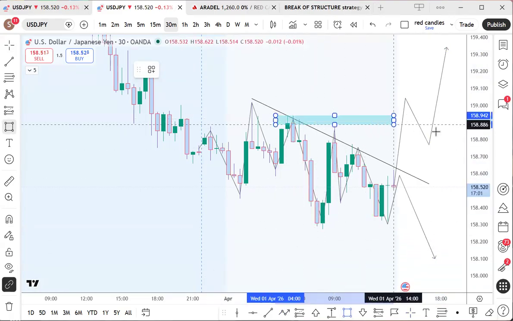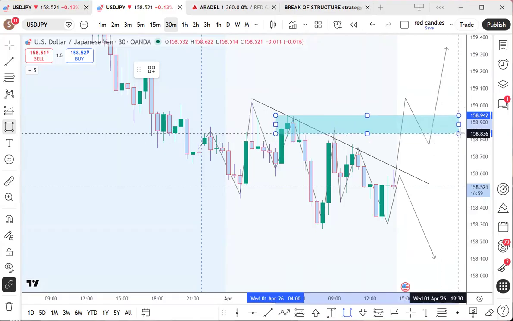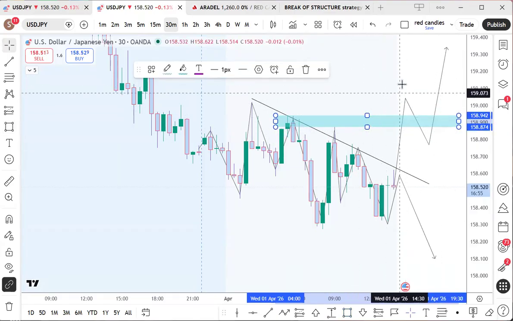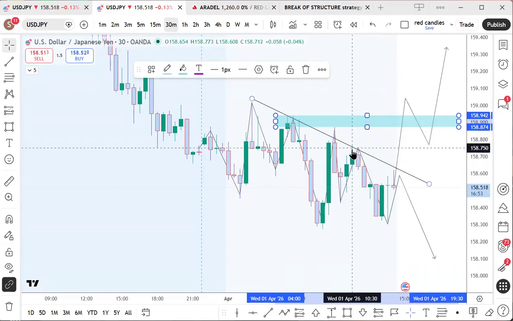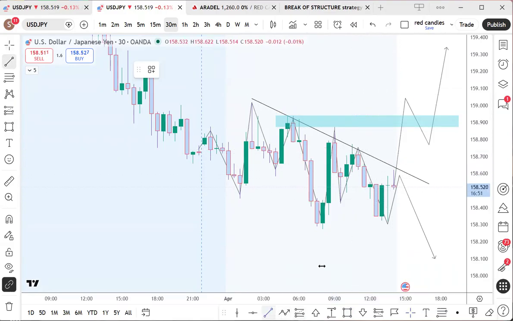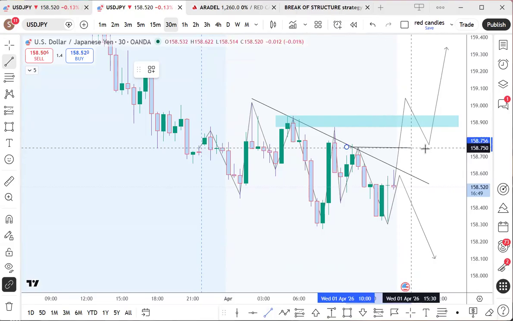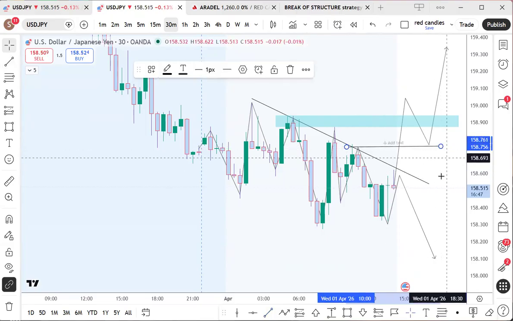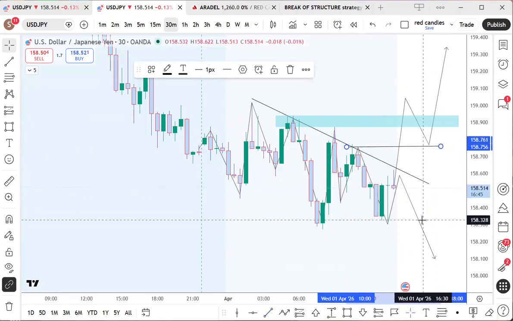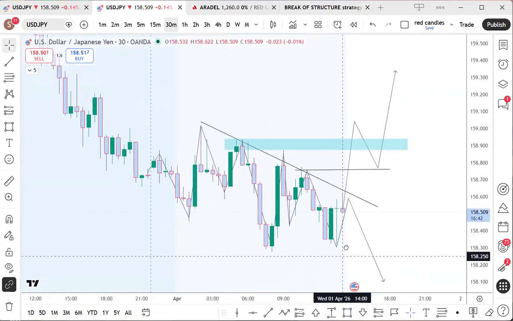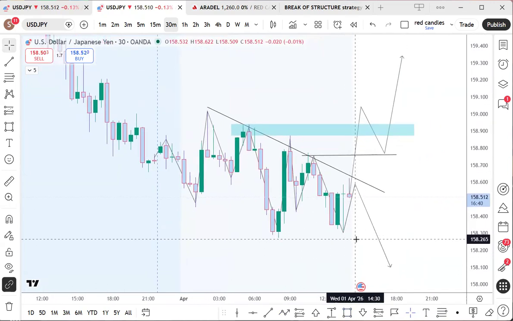So this is our line in the sand up here. If it breaks this high here, then that will be a break of structure. Or if it breaks this lower one here, this will be a market structure shift right there. Okay, so let's see what the market will do.